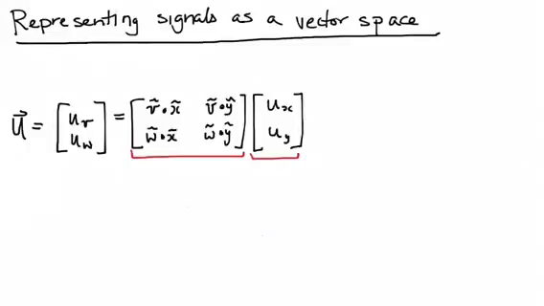So let's change the v and w axes to i prime and j prime, and the x and y axes to i and j.